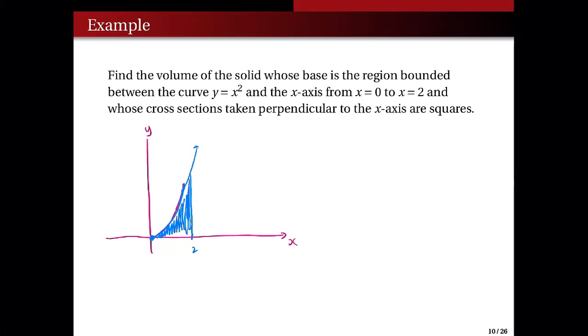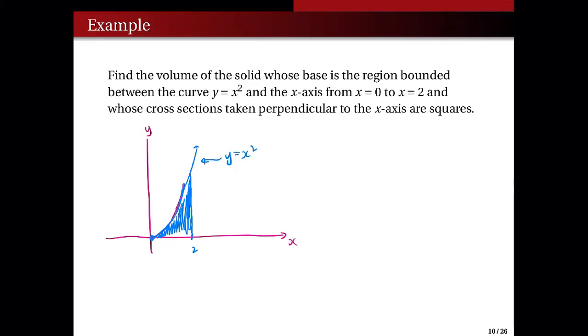Cross sections are taken perpendicular to the x-axis, and these cross sections are squares.